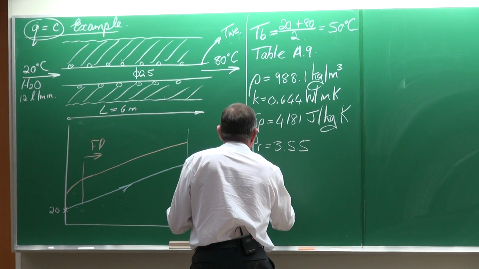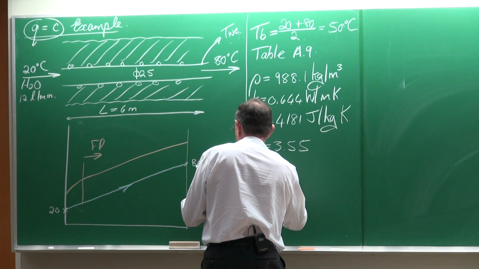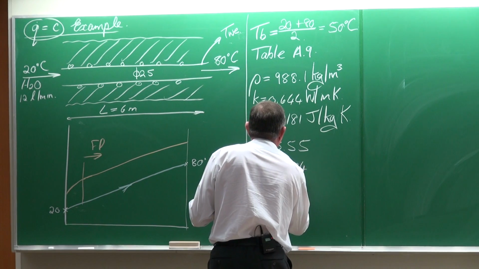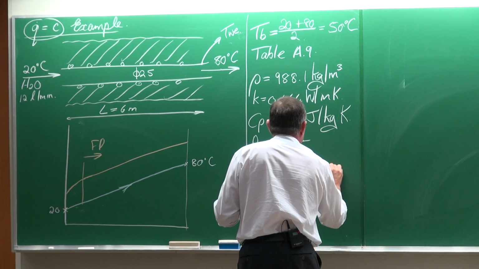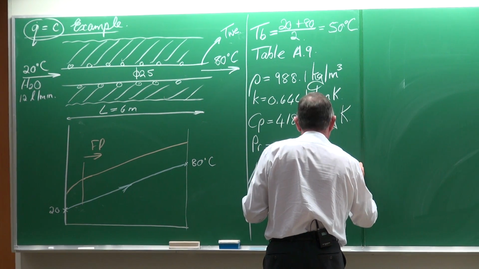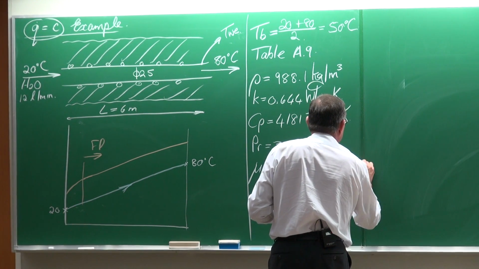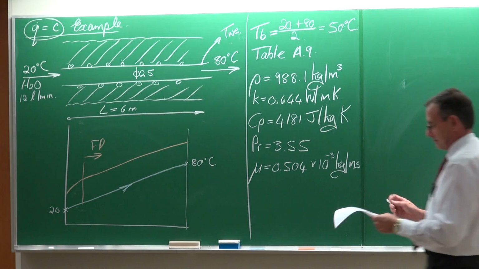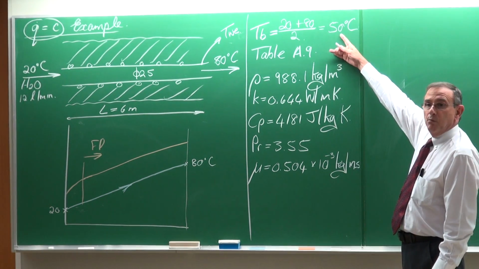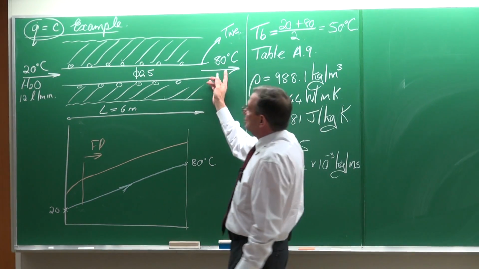And the last one that we're going to need is the viscosity, 0.504 multiplied by 10 to the minus 3 kilograms per meter second. So the water at the bulk temperature, in this case, we do not have to guess.